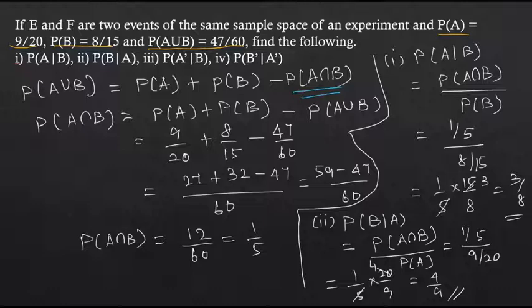We have the formula: according to the property, the probability of A dash given B is 1 minus the probability of A given B. This we have already found out, 3 by 8.